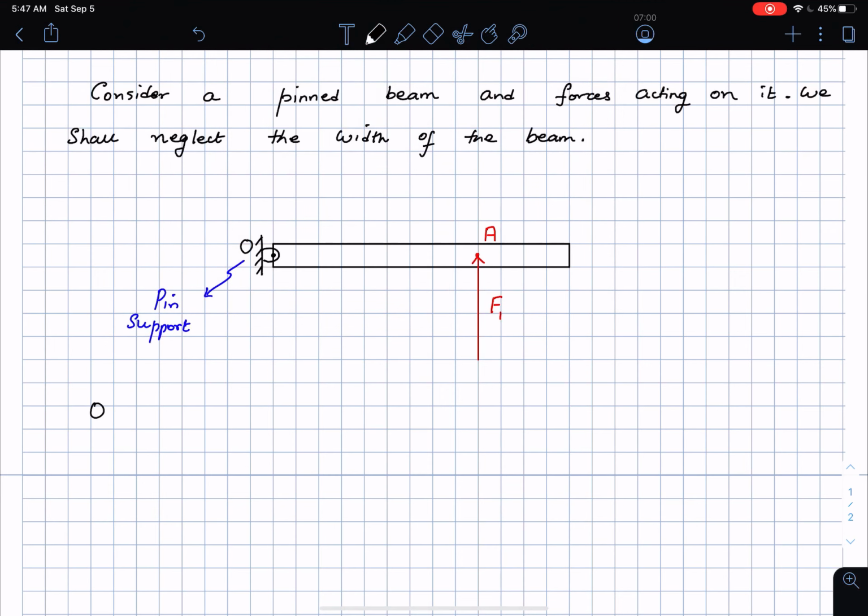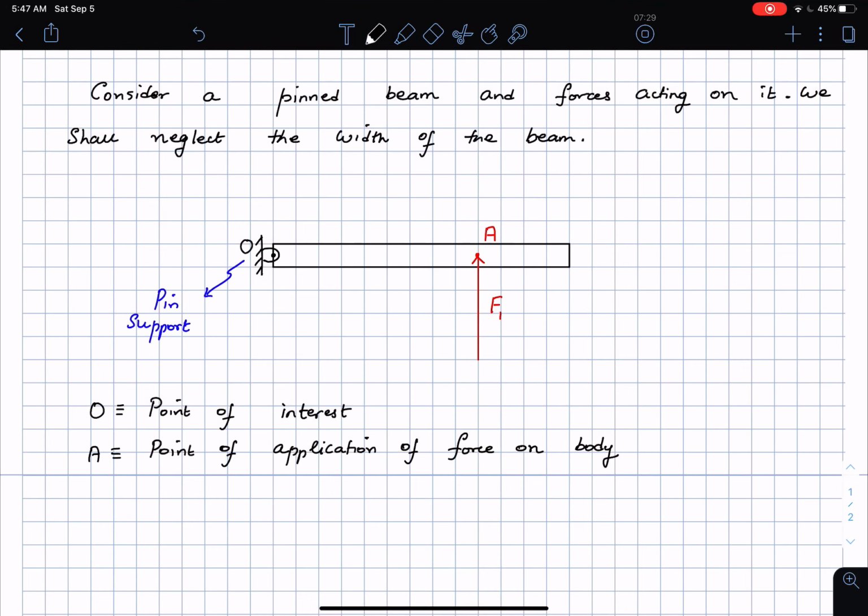So point O is called the point of interest, and point A is called the point of application of the force on the body.